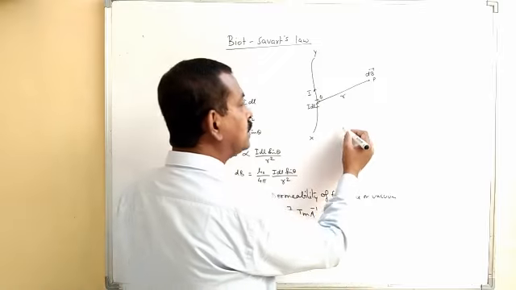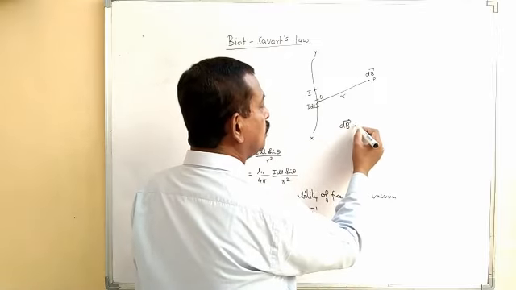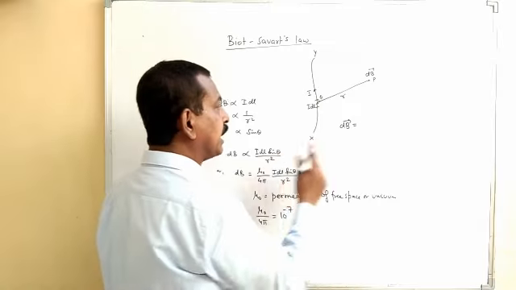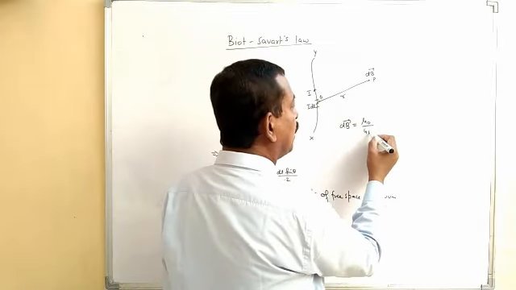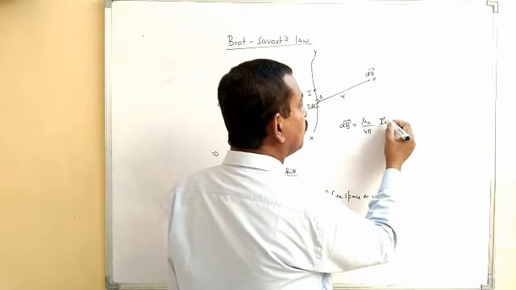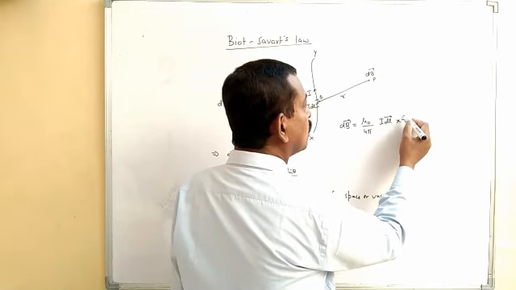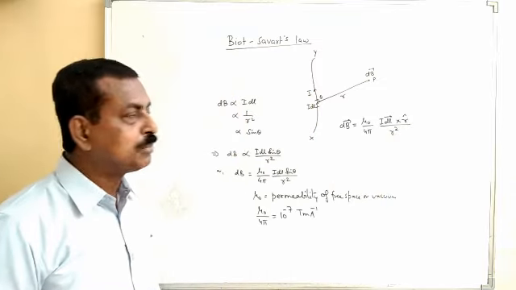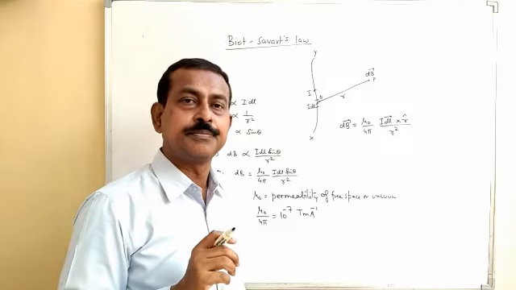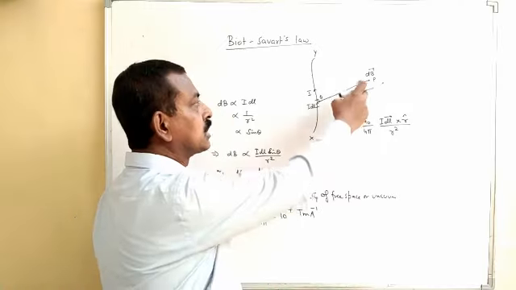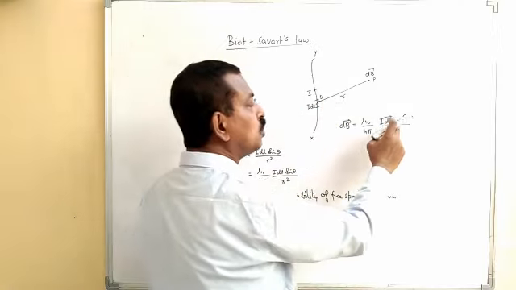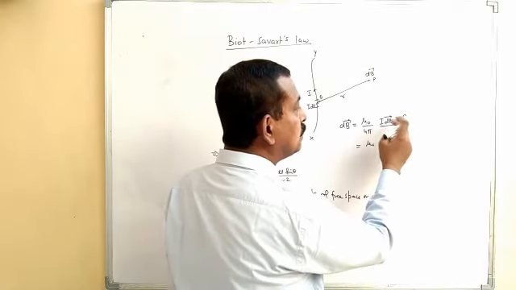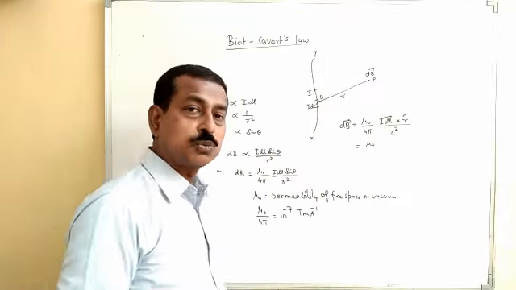If you want to write the expression for magnetic field intensity in vector form, we write it as mu naught by 4 pi, I dl vector cross r cap by r square. Here r cap is the unit position vector for this current element, and this is given by the cross product of the vectors.